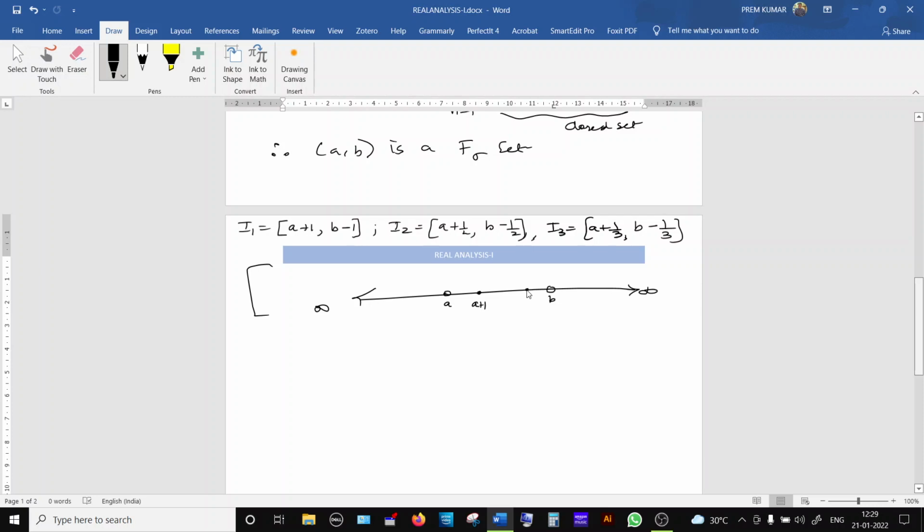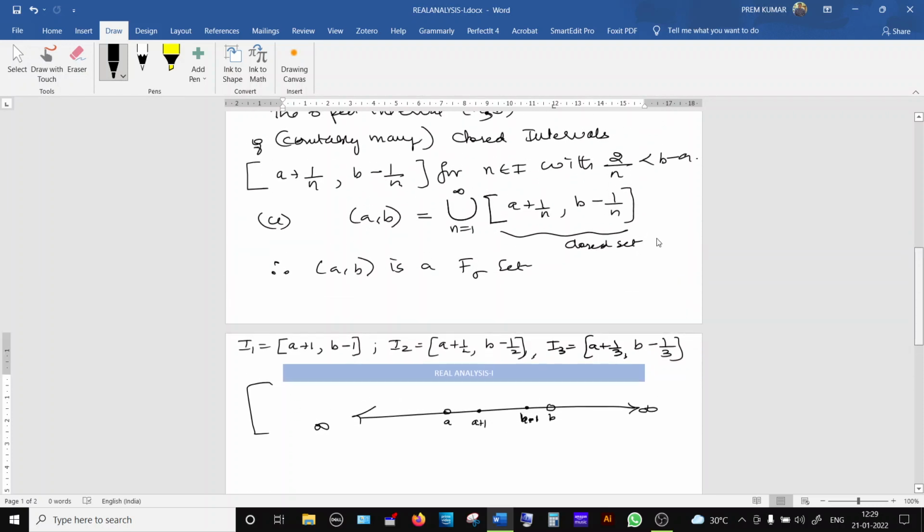I don't know exactly what A and B are, we are simply guessing. It should definitely be less than B minus 1. There is a question whether this b minus 1 will be less than a plus 1, or this will be greater than this. That is not possible because of this condition.